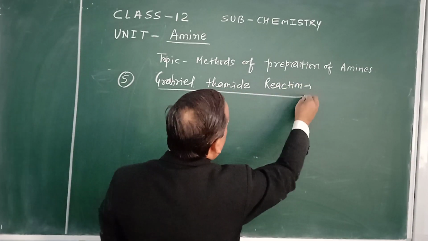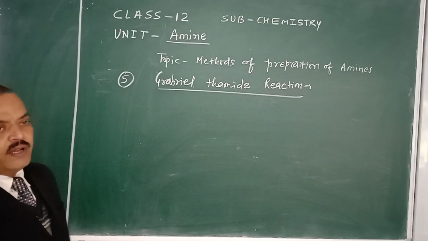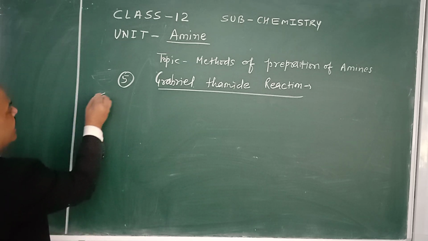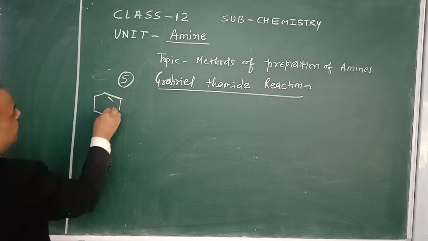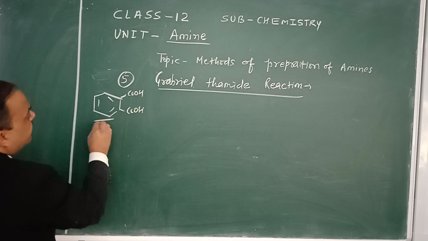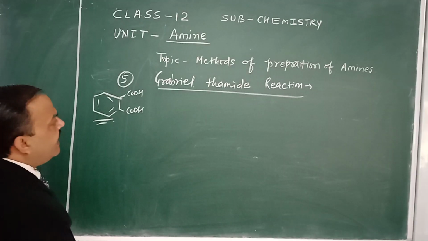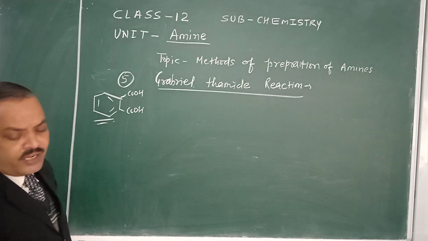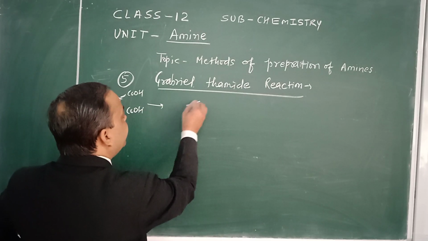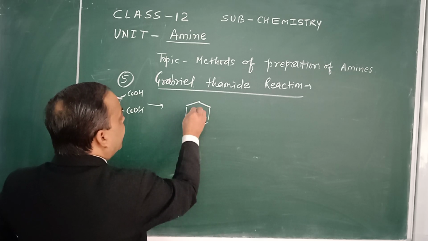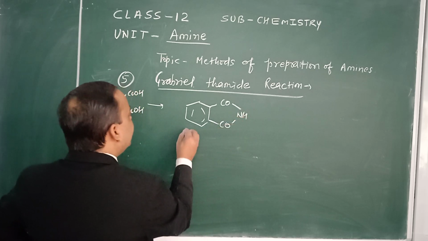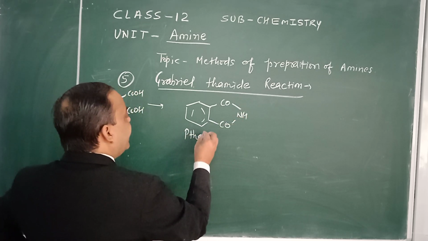In this Gabriel phthalimide reaction, first of all we require phthalic acid. We know that phthalic acid has two COOH groups present on the benzene ring. They are responsible for the formation of phthalimide. So we convert this phthalic acid into the phthalimide compound, and this structure is known as phthalimide.